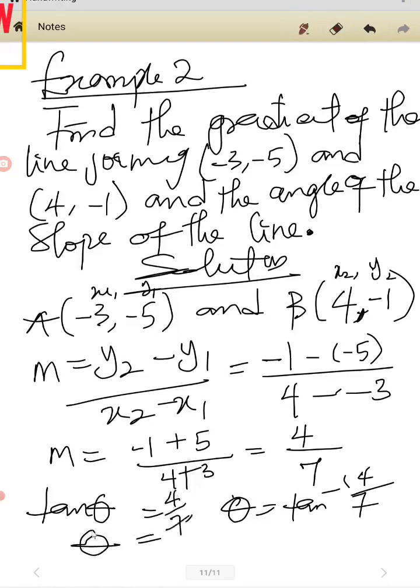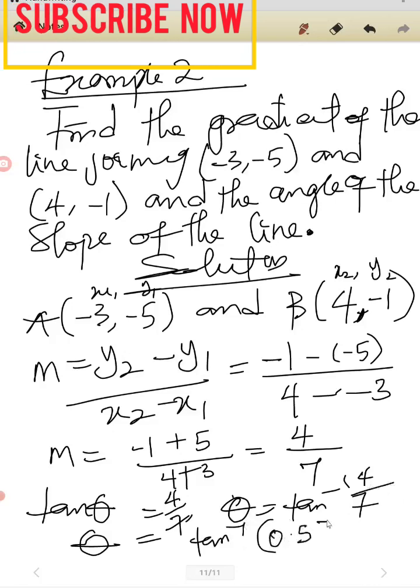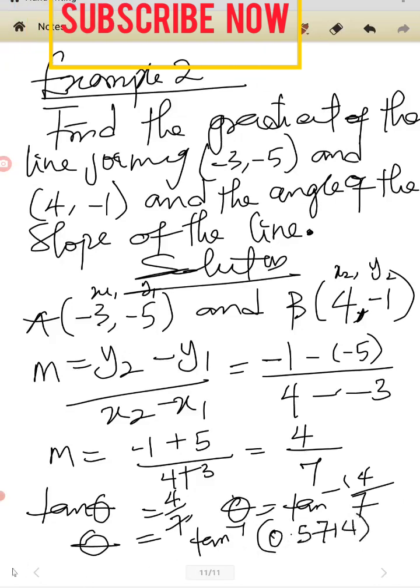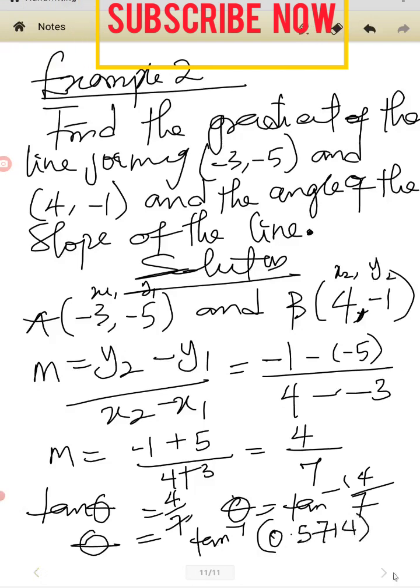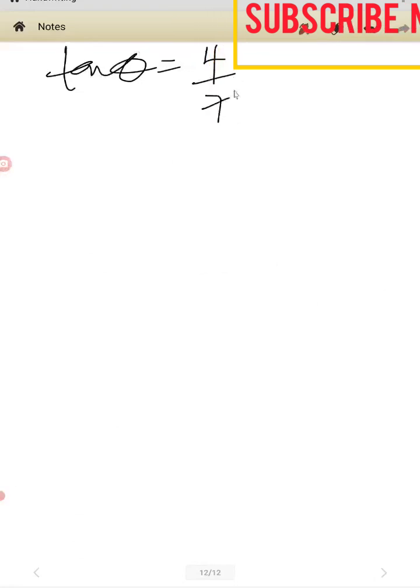So tan theta, it will be the second function of, so let's find it. 4 over 7 will give you 0.5714. So now the final answer, let me write again, tan theta is equal to 4 over 7.